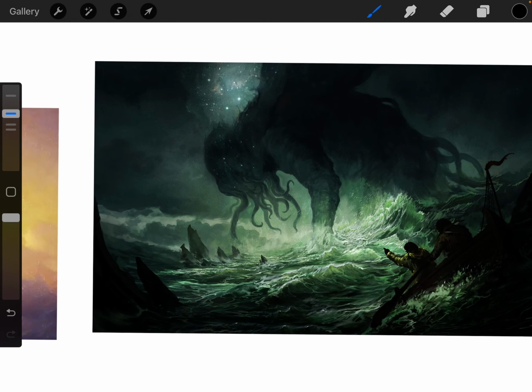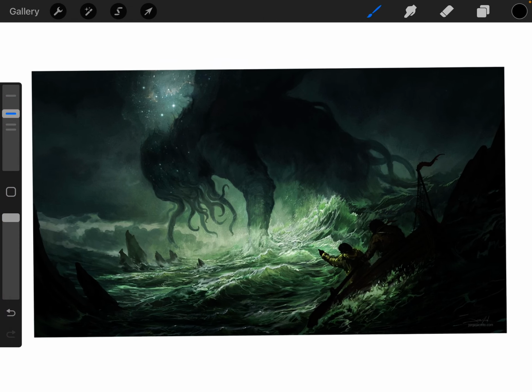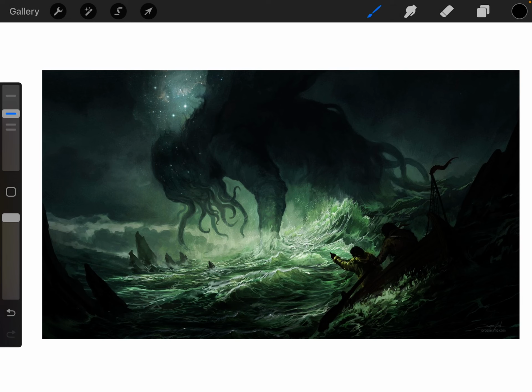Now if you were to compare that, for example, with this painting, this is really giving you something big to compare, right? We have small characters in the foreground. Then we have, of course, in the middle ground our big Cthulhu guy, and then we have our background, right? This painting really works because I have information to compare him with.